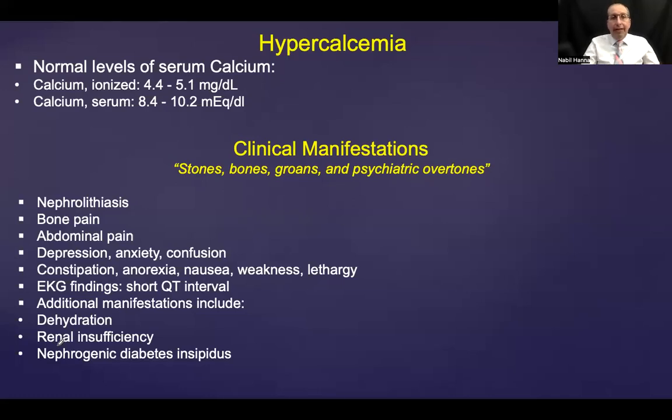Okay, so when we talk hypercalcemia, the normal level of ionized calcium is almost 4 to 5, but the total calcium, or the non-ionized, is 8 to 10. This is the most famous calcium level, up to 10. Hypercalcemia is when the total calcium level exceeds 10 milliequivalent per deciliter.